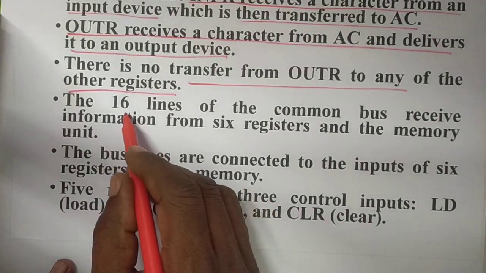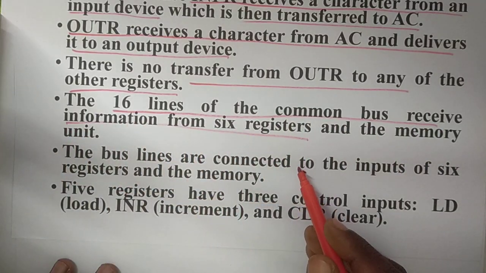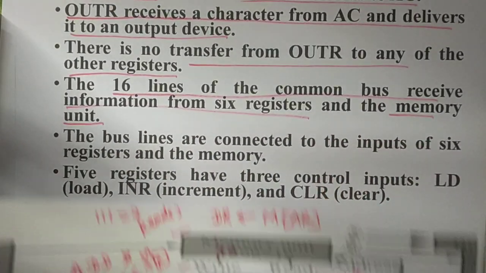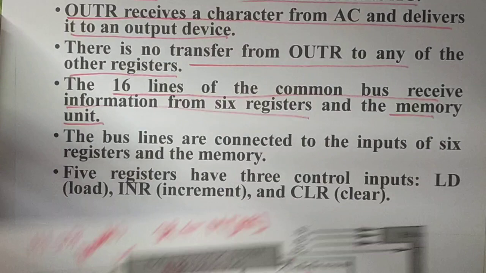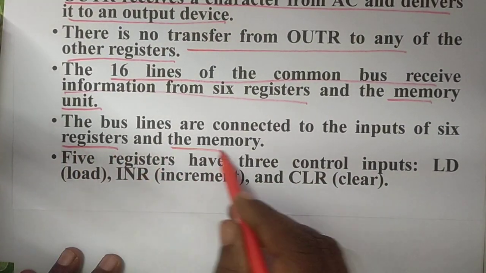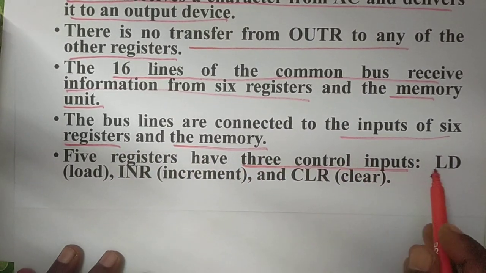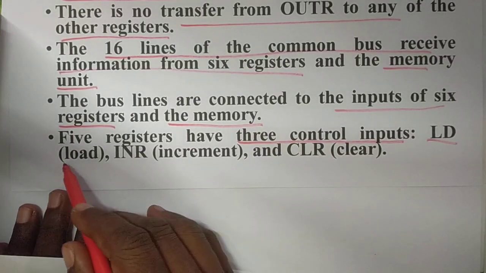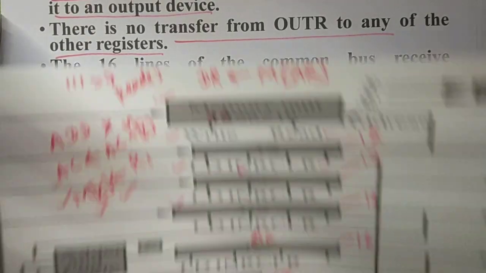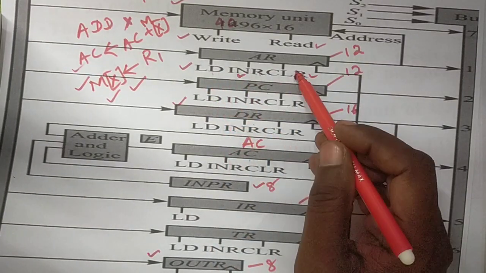The 16 line common bus receives information from 6 registers and a memory unit, because the total capacity of this bus is a 16-bit common bus, and the bus lines are connected to the inputs of 6 registers and the memory. And 5 registers have 3 control inputs: load, increment and clear.